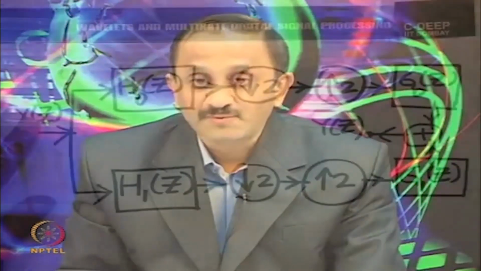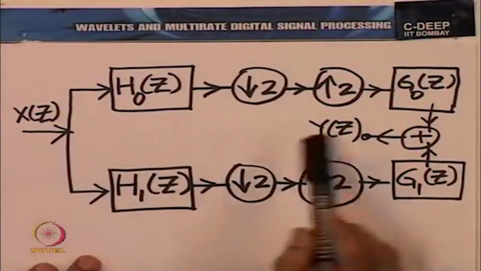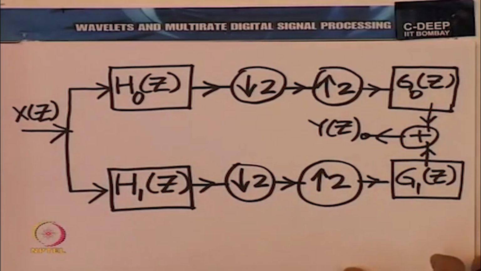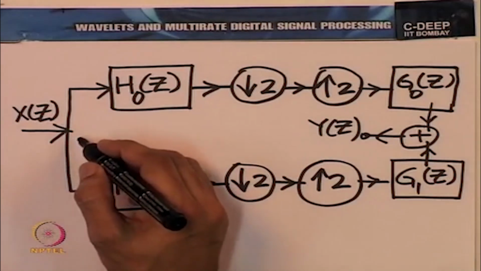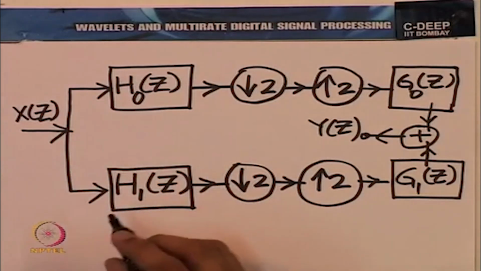Anyway, coming back then to that 2 channel filter bank that we began with earlier on in this lecture, I put it back before you here. I intend now to relate Y(z) and X(z) in this diagram. And towards that objective, let us number the Z transforms at different points. In fact, let us give the sequences names.